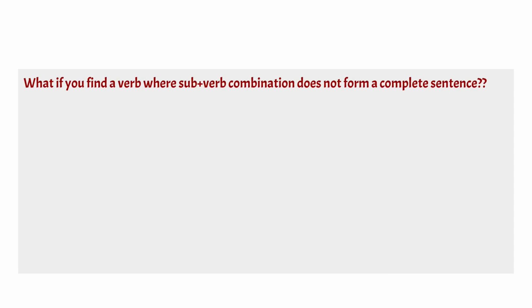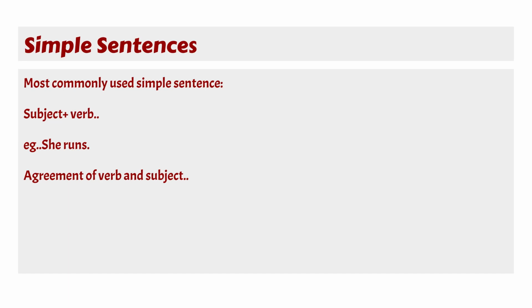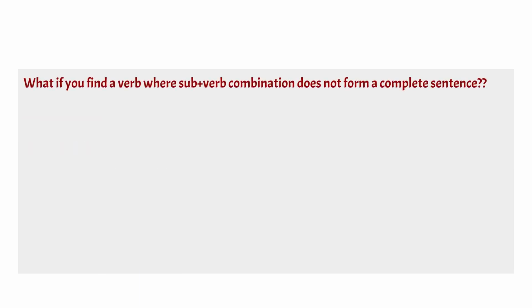But what if you find a verb where the subject plus verb combination doesn't form a complete sentence? Undoubtedly, this subject and verb combination may form a complete sentence, and it is called a simple sentence, but it's not always the case. For example, if you say she is the subject and wants is the verb, and they are both agreeing with each other, but this is not a complete sentence.